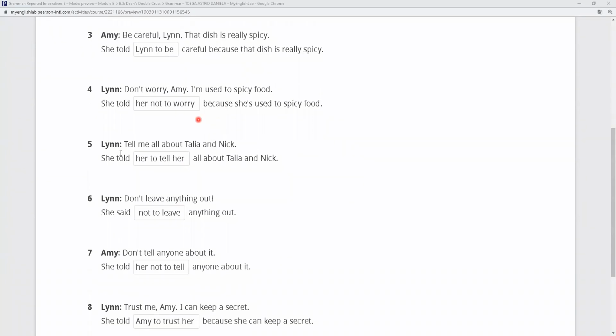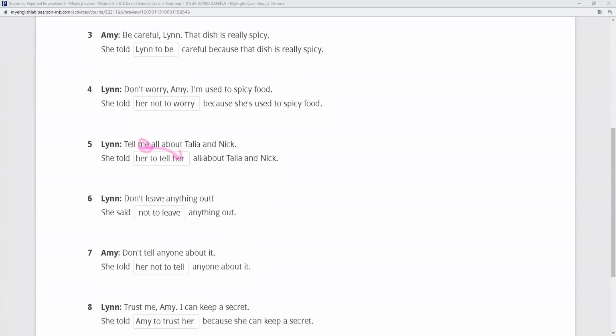How about number 5? The correct one was her. I know it sounds redundant, but she told her to call. We have to change this pronoun to her. That's what I told you. Is there something missing? I underlined this word because you forgot about this pronoun.